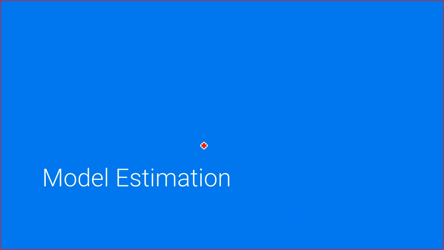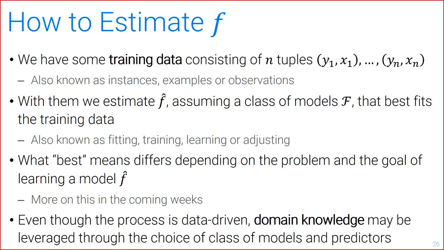So how do we choose one model? How do we choose one function? So the thing is that we have some data, what we call training data, the data that we use to train the model. And it usually consists of tuples of this form. So we have the response and the features for the first observation, all the way up to n different observations.